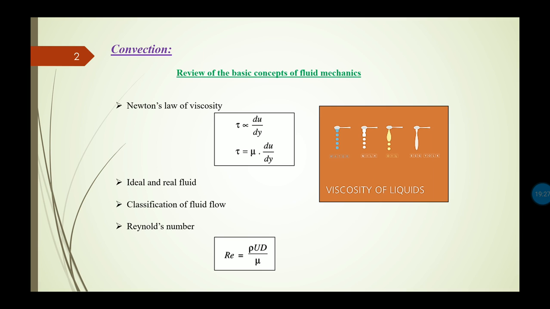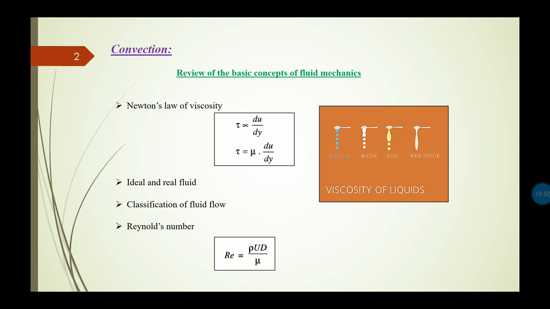Now, this Reynolds number has its upper critical and lower critical values. It also depends on different factors like the initial turbulence in the flow, the shape of the pipe or the surface, and its roughness maybe.